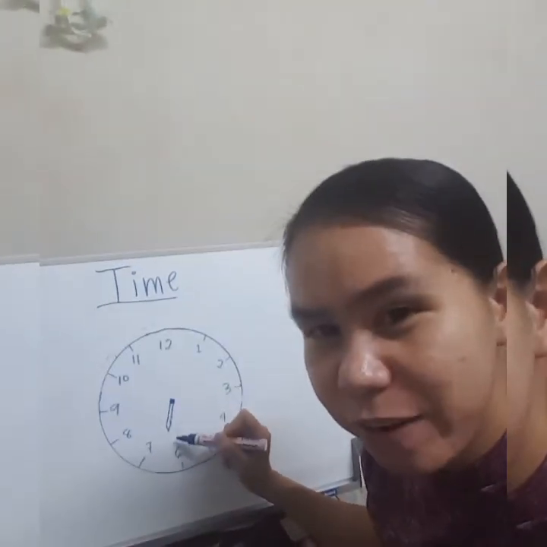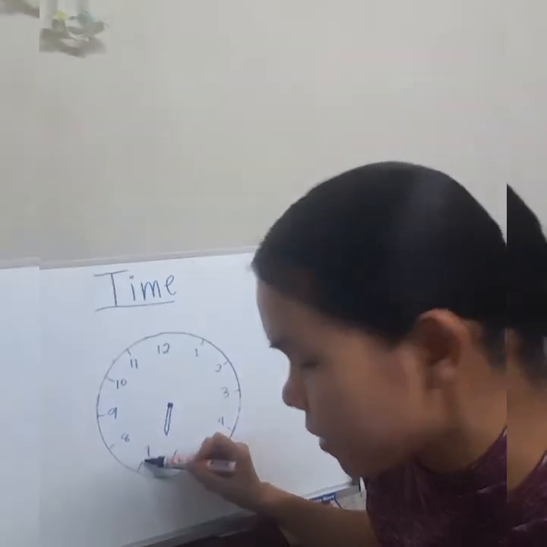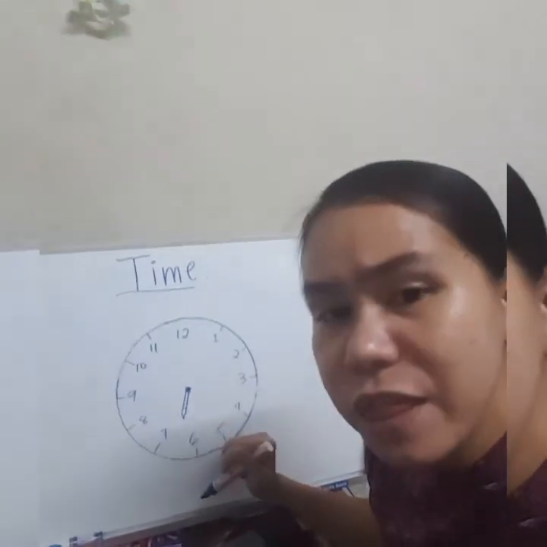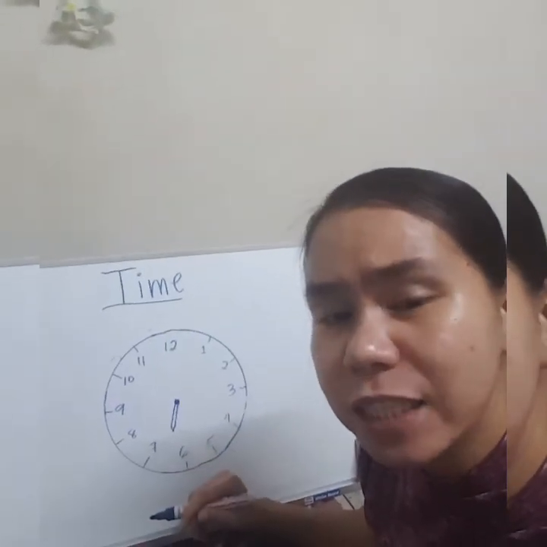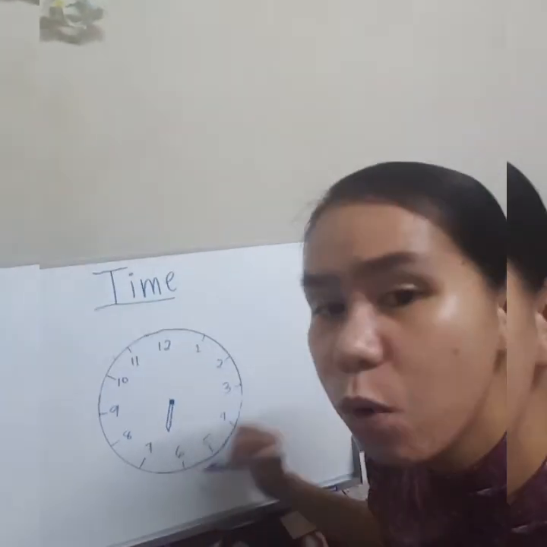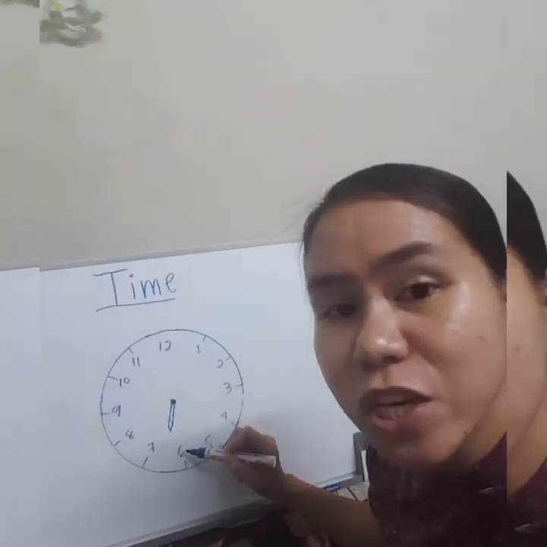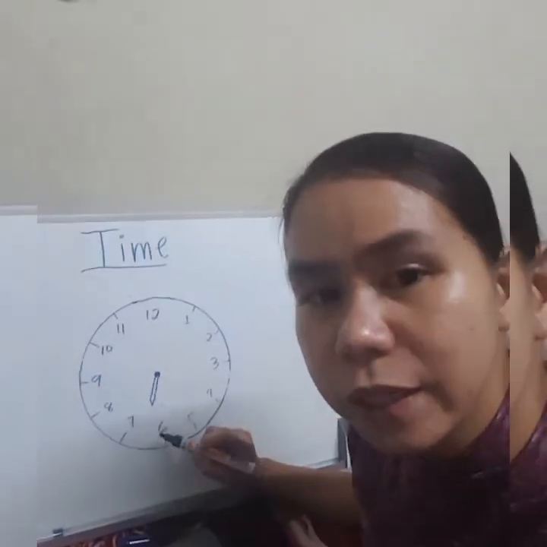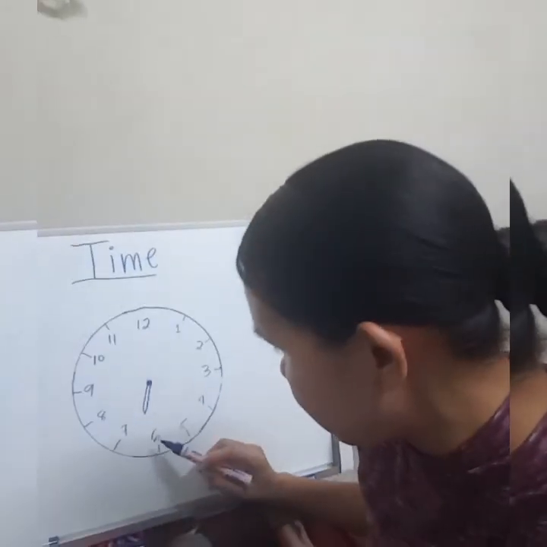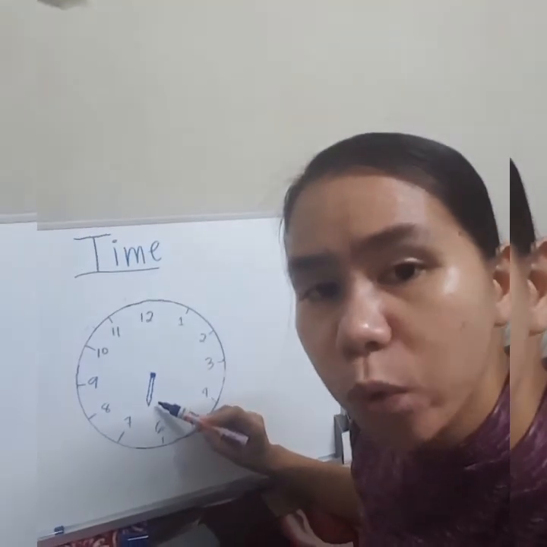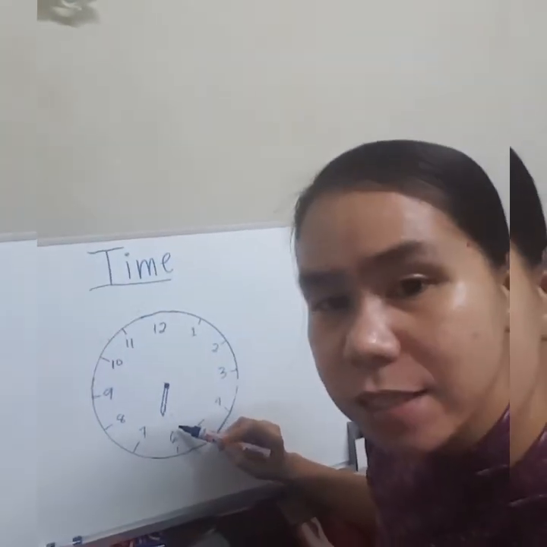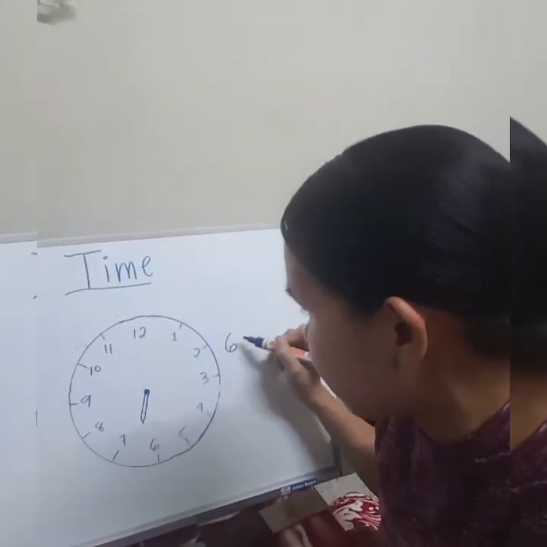So you can see here, right? Between 6 and 7. In that case, you need to think, when the clock runs clockwise, which number did the short hand just pass by? In this example, the short hand just passed 6.